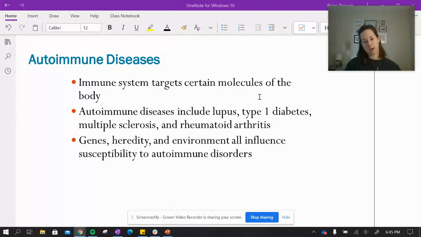These can be caused by any number of things, a lot of times a combination of genes, what you got from your parents, which is heredity, and environmental factors. But they can be really unpleasant, and actually can lead to an early demise. So, a lot of research is also being done on autoimmune diseases and how to prevent and cure them.